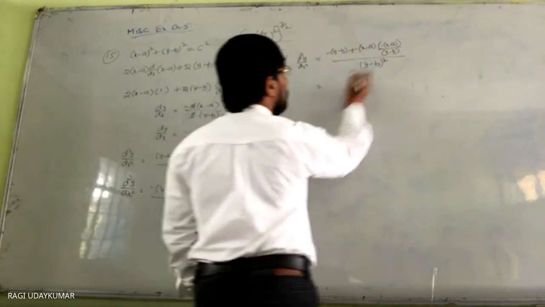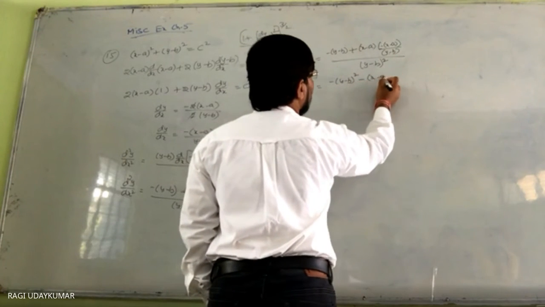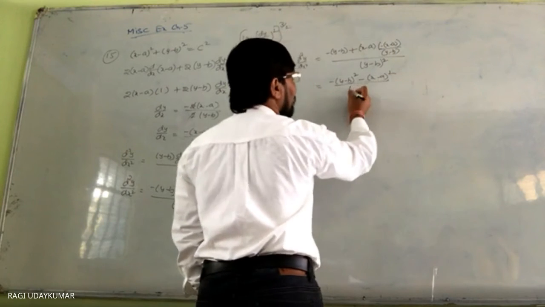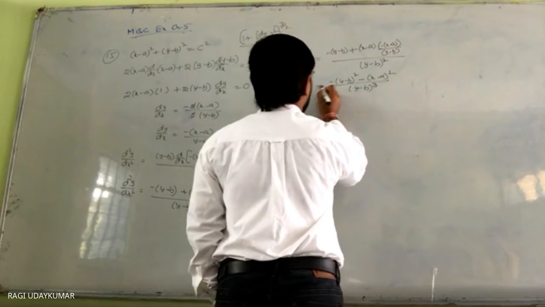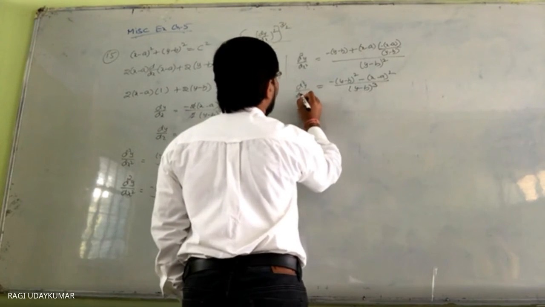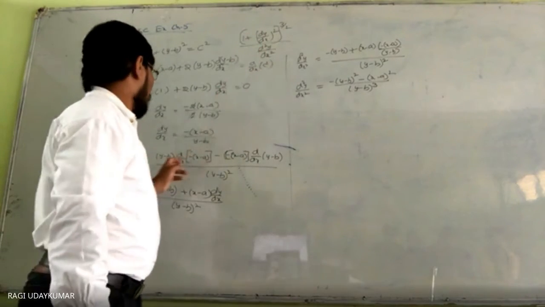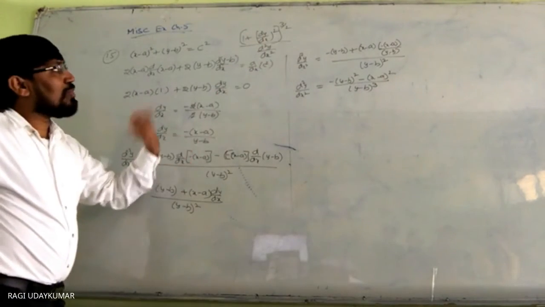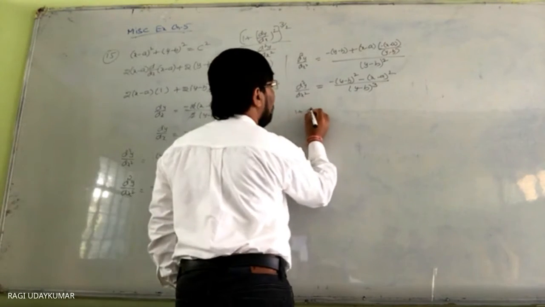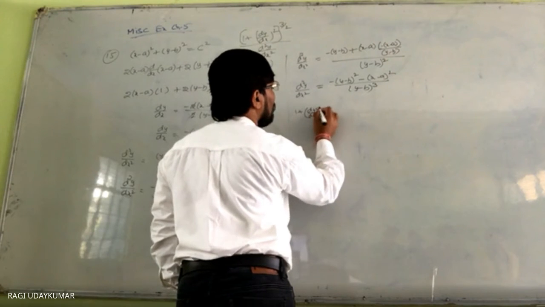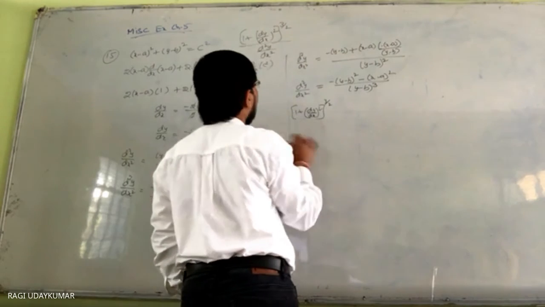So simplifying, which is equals to minus of [(y minus b) whole square plus (x minus a) whole square] by (y minus b) cube. So this is d square y by dx square. Now, 1 plus dy by dx whole square, whole to the power of 3 by 2, divided by d square y by dx square.